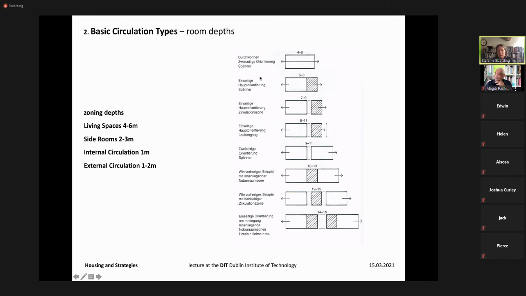Here it's a core circulation. Your room is 4 to 6 meters, and then you can plan side rooms in the inside of the apartment complex. So your whole depth is 6 to 8 meters. So those are room dimensions, which is important for the planning.